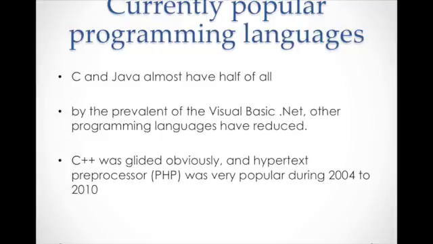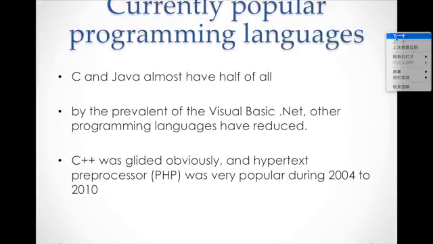In this picture, the developers who use language C and Java are almost half, or maybe more than half, and with the prevalence of Visual Basic .NET, other programming languages have reduced.